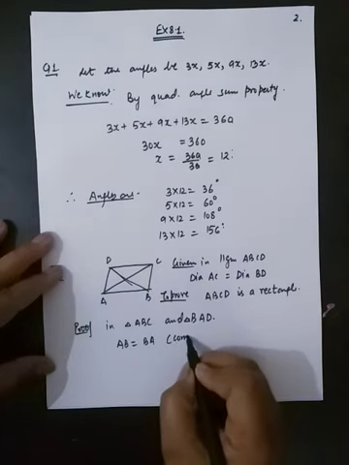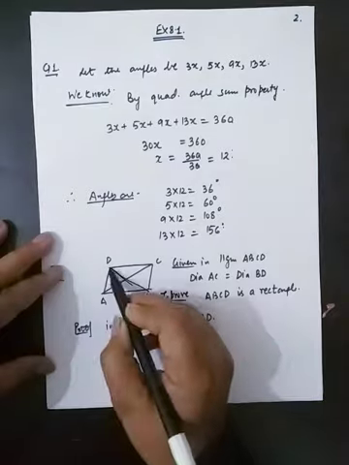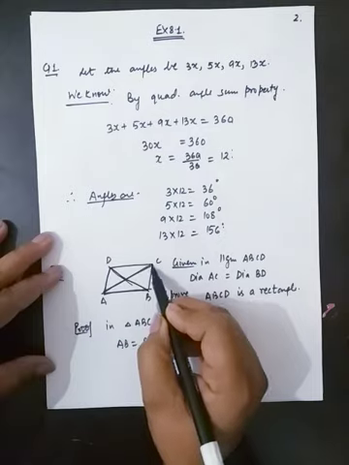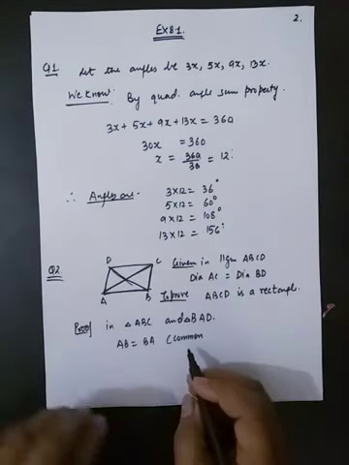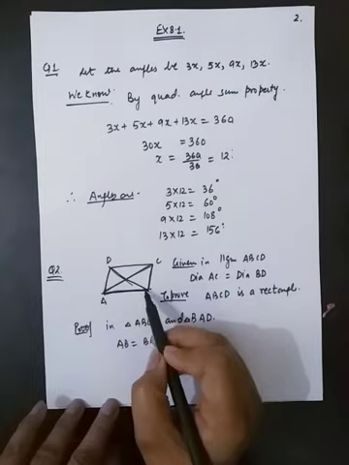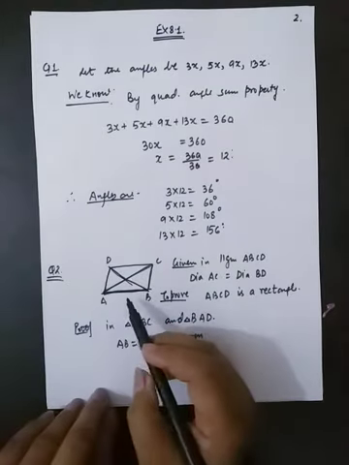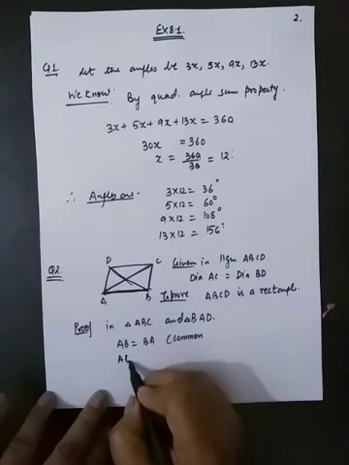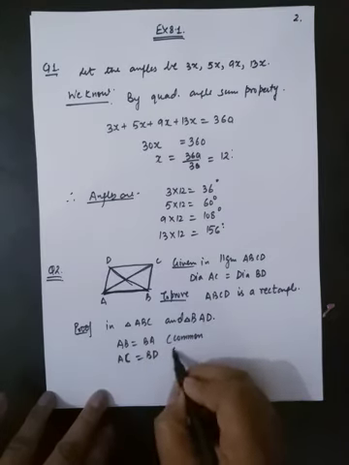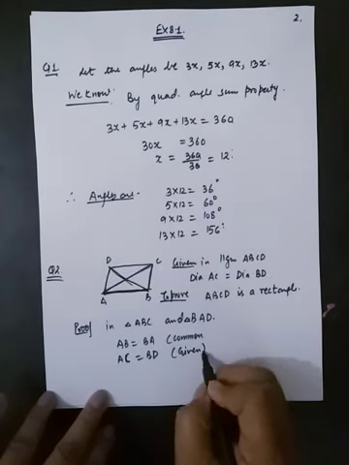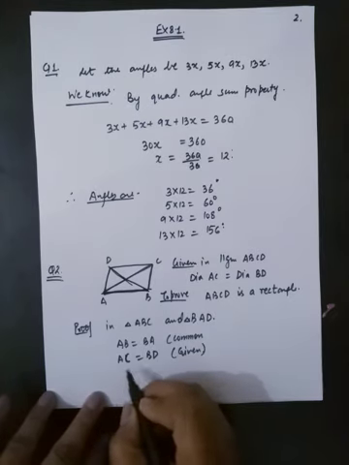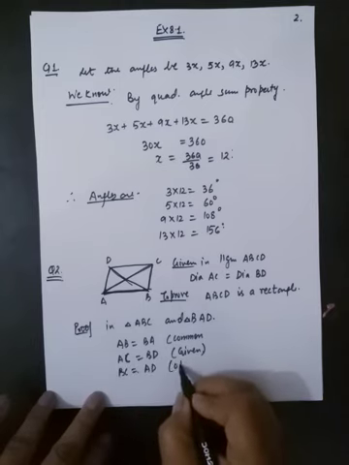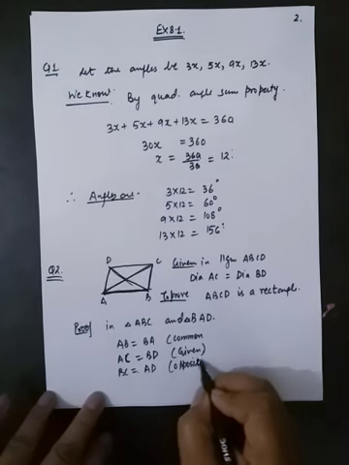This is common side. I am taking these two triangles, triangle ABD and ACB. So AB and BA are common. And next AC is equal to BD. This is given to us. And BC is equal to AD. These are opposite sides of parallelogram.